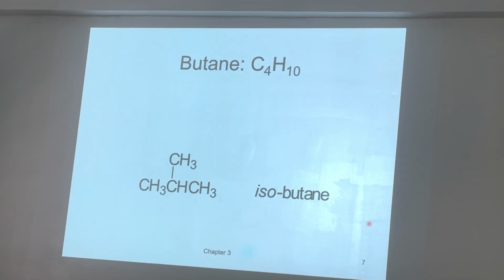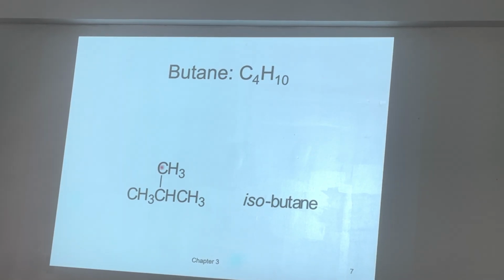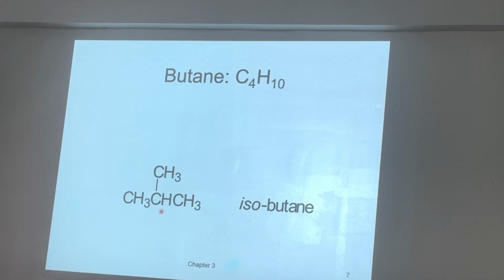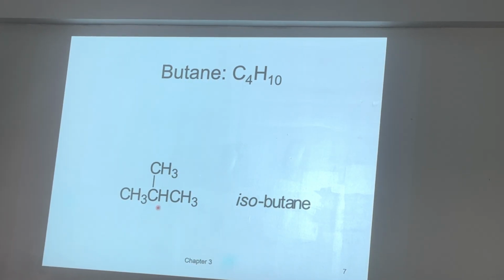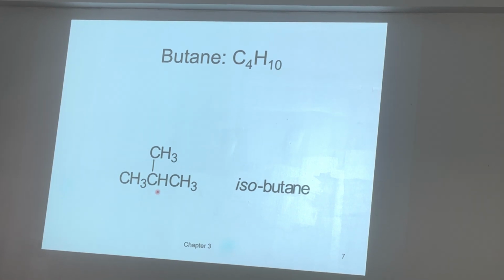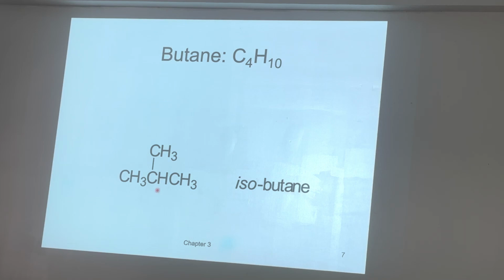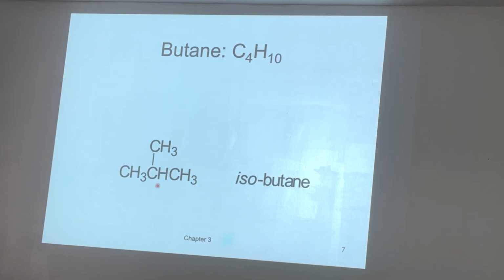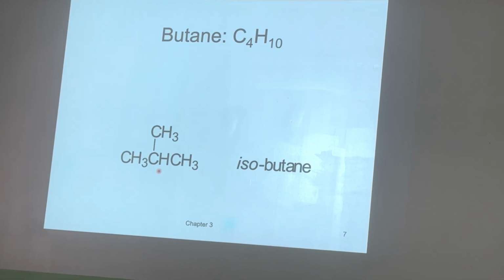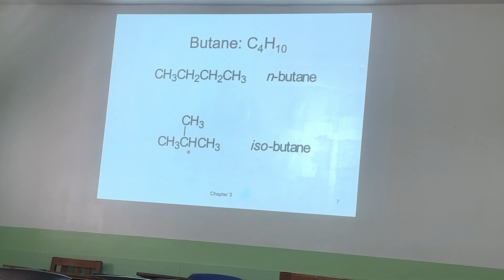So we have isobutane, which has the connection of the carbons in a T shape. Regular n-butane is just a straight chain isomer.